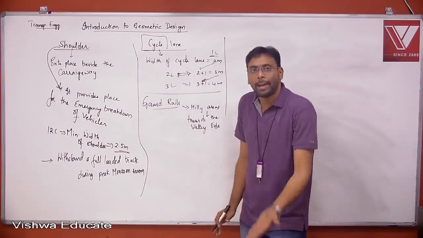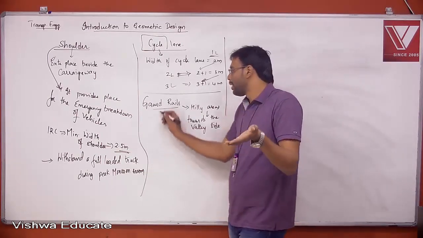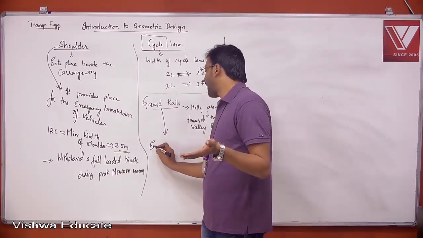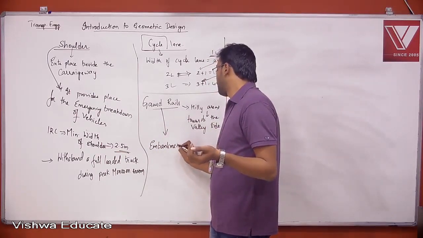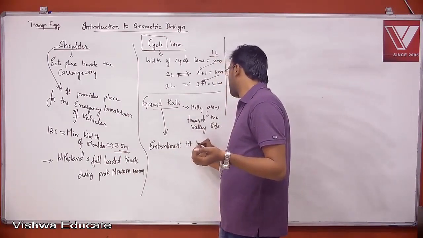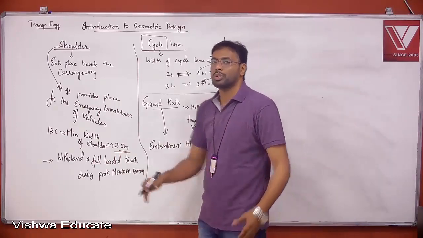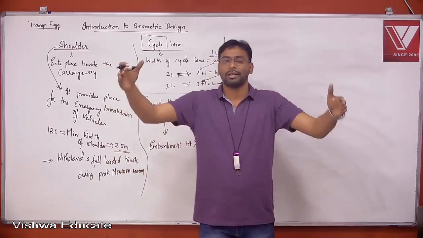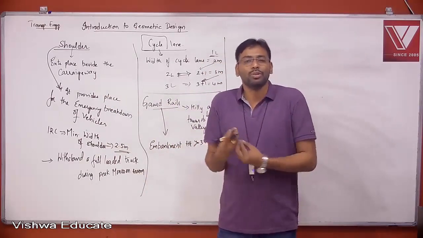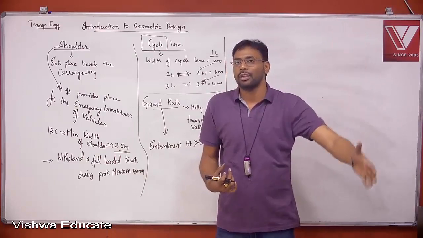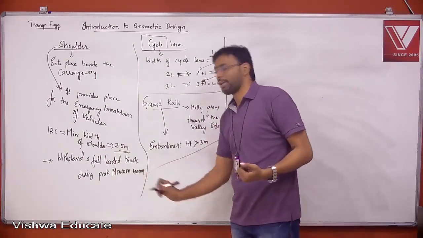And if your embankment height is more than 3 meters, then also we should provide barricades. Barricades are nothing but guardrails, so that if any vehicle loses its control, the guardrails will stop that vehicle from falling off from the height.